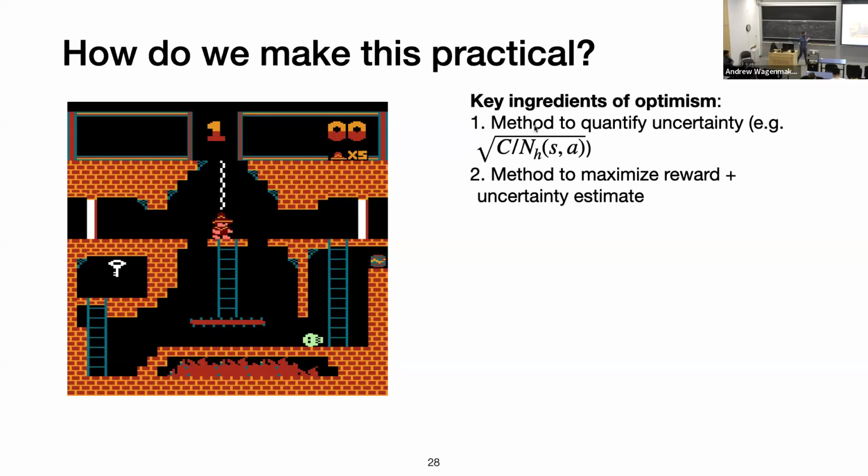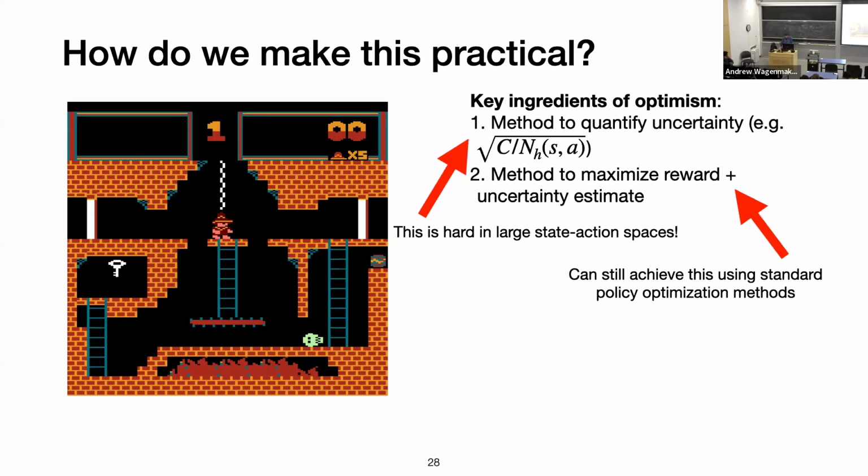We use the uncertainty to shape the reward, and then we can apply our favorite policy optimization algorithm to optimize this shaped reward. The first step is hard in these large state action spaces. It's not clear in general how to quantify the uncertainty there. Maybe policy optimization there is still hard, but we at least have policy optimization algorithms that work. So if I can find a way to quantify the uncertainty, I can still basically run optimism by using my uncertainty quantification with my favorite policy optimization algorithm.